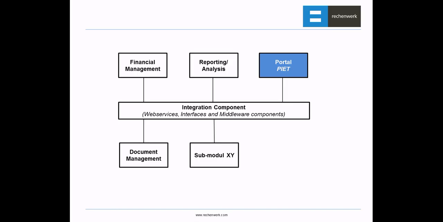PIET is based on open standards, and because of this, it is very easy to integrate PIET into existing IT architectures. Web services allow the exchange of information with other modules within an existing IT structure.